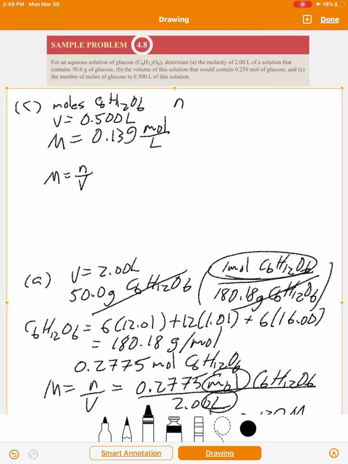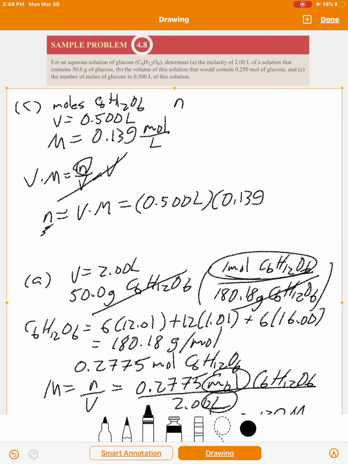Just like density, D equals m over V, this is a molarity calculation. If we're trying to find the number of moles, that's n. So what do we do? Multiply both sides by V. That gets rid of the V here, and now you've got moles. Moles equals volume times molarity. We should get units of moles when we do this calculation. So we have 0.5 liters and then 0.139 moles per liter. So it looks like you're just taking 0.139 and dividing it by 2, right?